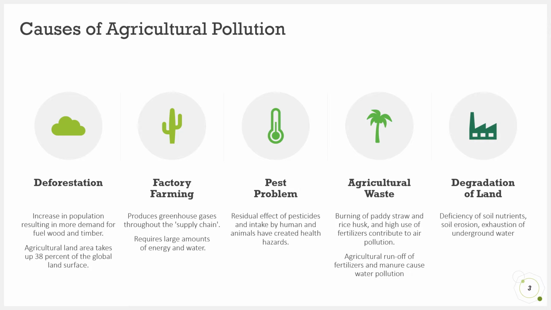The causes of agricultural pollution include deforestation, like around 38% of the global surface goes to agricultural land area, and also factory farming produces lots of greenhouse gases, pest problems cause health hazards, and agricultural waste leads to a lot of pollution in the air and in the water.